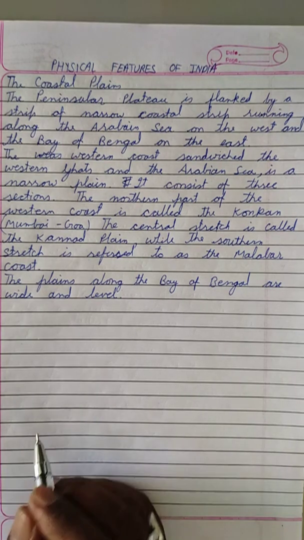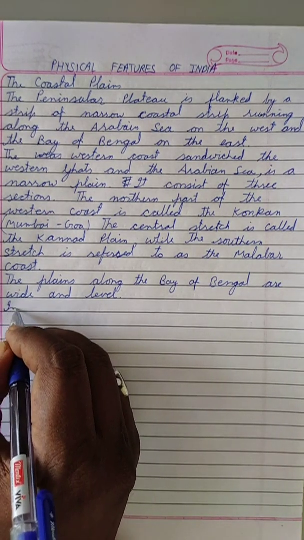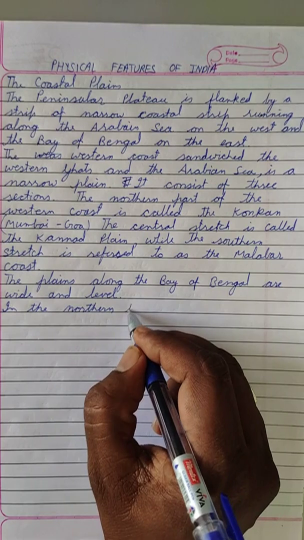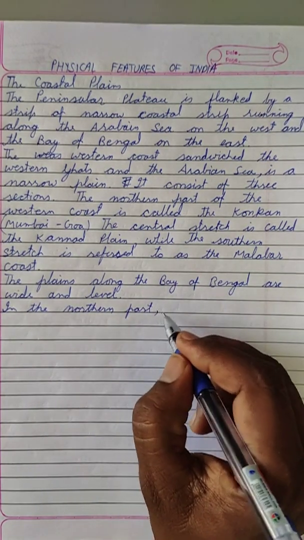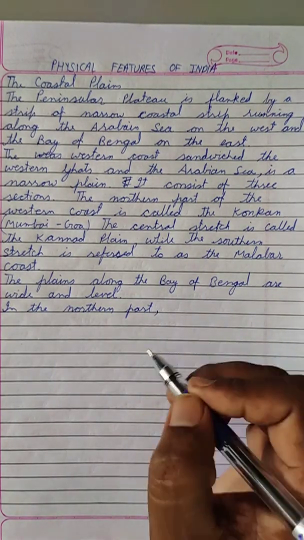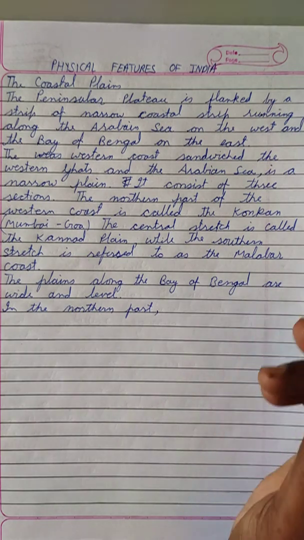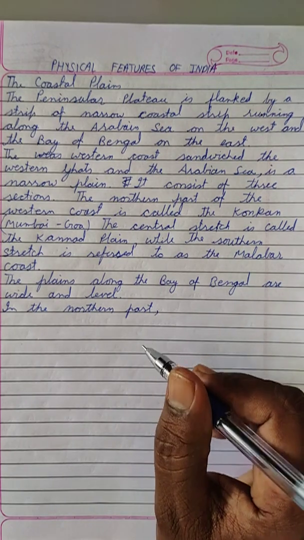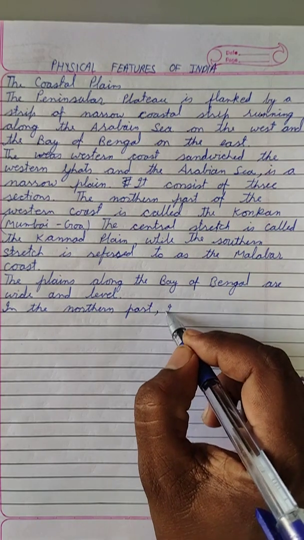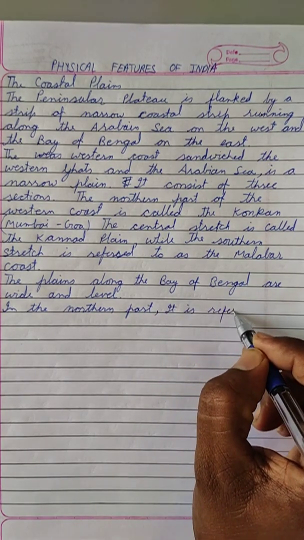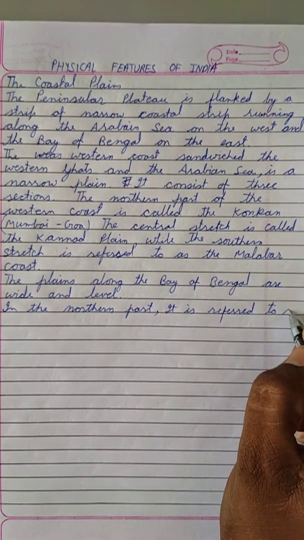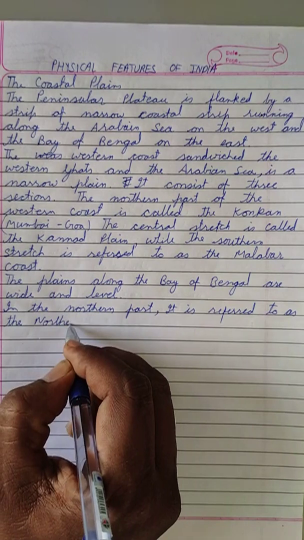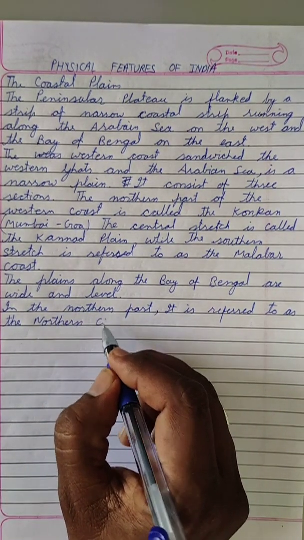Now we are talking about the eastern coastal plains. In the northern part, when you talk about West Bengal and Odisha, this area is referred to as the Northern Circars.